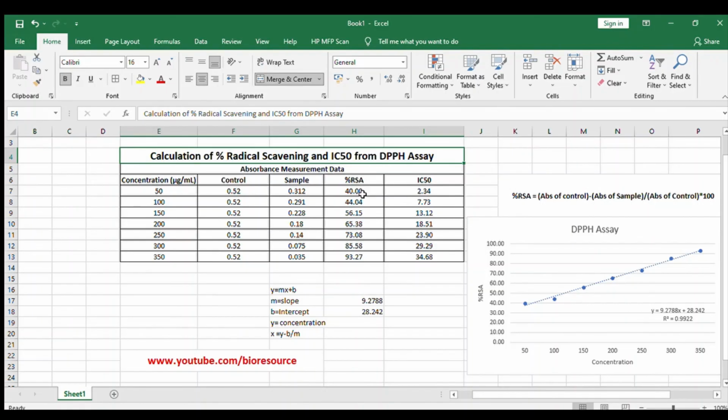So you got the percentage RSA value here. We plotted the standard curve, got the slope and intercept values, and calculated the IC50 value based on the slope and intercept value and the concentration. Hope you are clear with this topic.